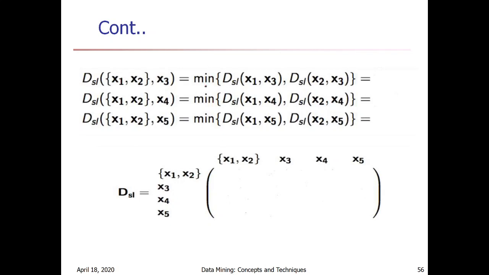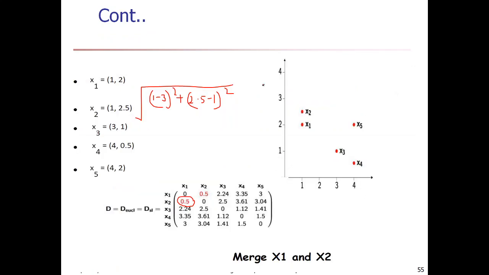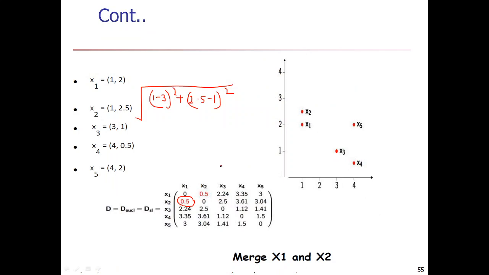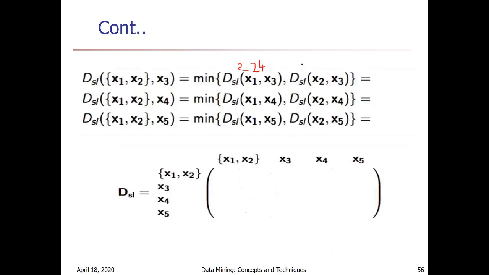So you can find out the minimum distance between x1 x3 and x2 x3. The distance x1 x3 is 2.24 and x2 x3 is 2.5. So here the minimum distance is 2.24.